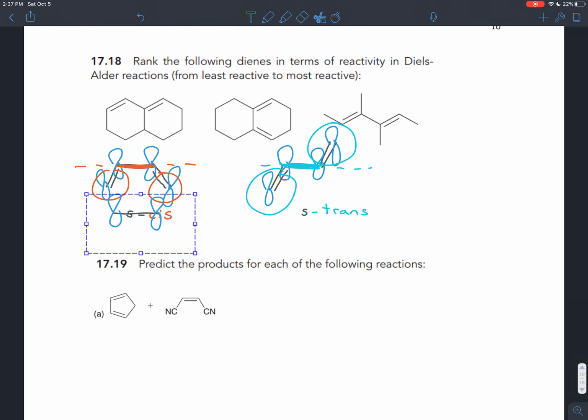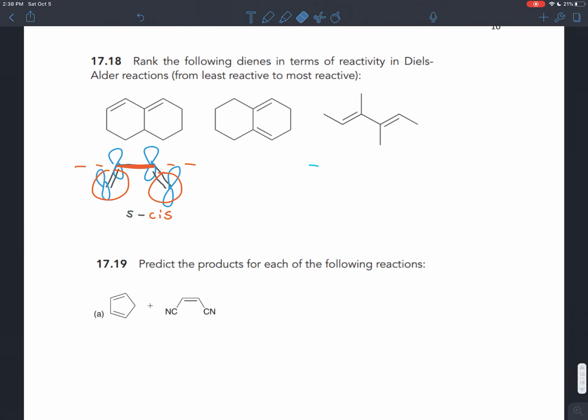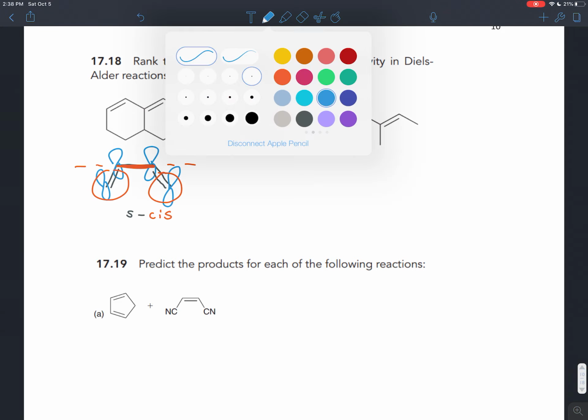You can see here that the two lobes can overlap on the dienophile's LUMO, which I'm moving around in this square, and the diene, which is s-cis. If you try to do that same thing with the s-trans, you'll notice one orbital will overlap, but the other one won't. So you can't get the Diels-Alder reaction in the s-trans conformation. The LUMO of the dienophile just won't be able to reach the two ends of the molecular orbital in the diene. So s-trans won't work for Diels-Alder.